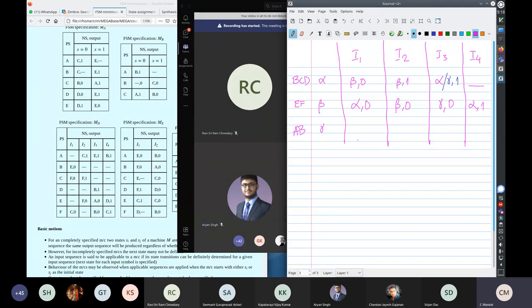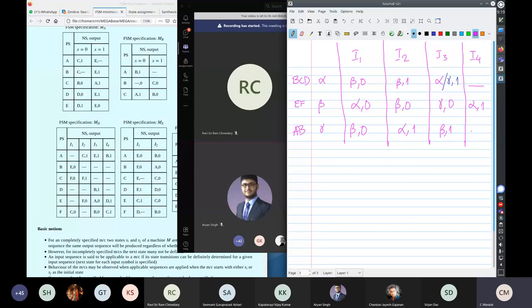So AB, the output is E. So here, of course, there is no confusion. AB on this is C. C is covered only, and the output is 1. And here you have AB, E, beta, and the output is 1, and this is B. So here again I changed AB, so it is B.